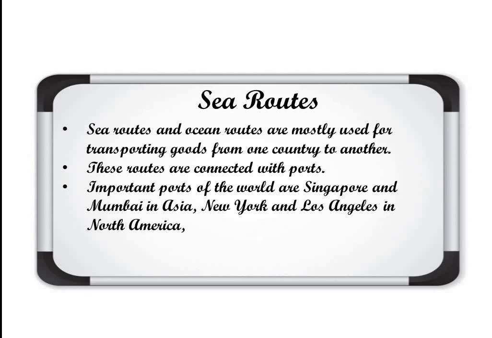The important ports of the world are Singapore and Mumbai in Asia, New York and Los Angeles in North America, Rio de Janeiro in South America. There are others like Sydney in Australia. And if we talk particularly about India, Kandla, Kochi, Mumbai, Chennai, different ports are important there in India.